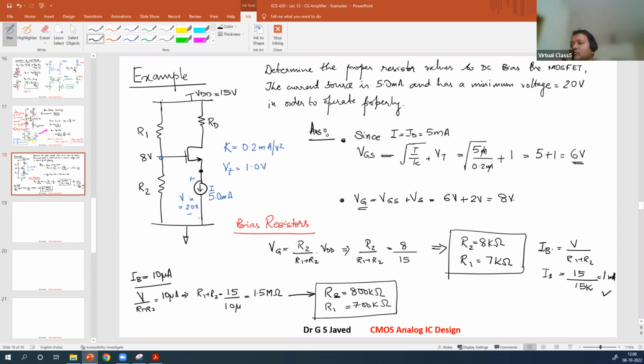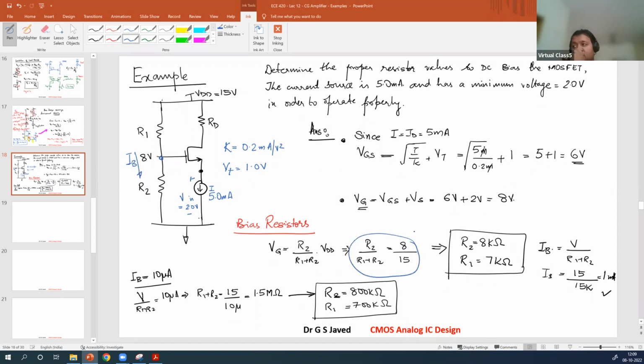Now, both these values are correct, but depending upon the amount of current that you want to save in the circuit or burn, you will change your values. The condition that you have to maintain is you can choose any bias current flowing through here, but you should ensure that this ratio is always maintained.